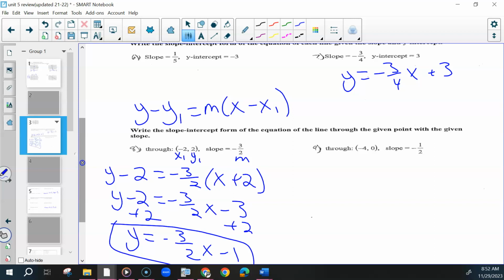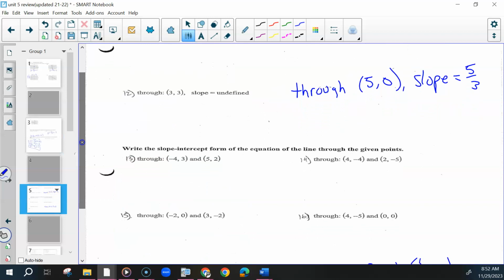On the next page, before you find any questions you have, I want you to write these two down. In the space next to 12, write this: through 5, 0, slope 5/3.